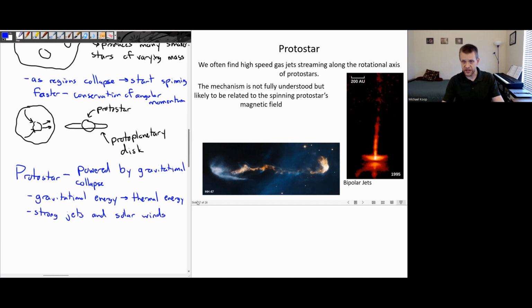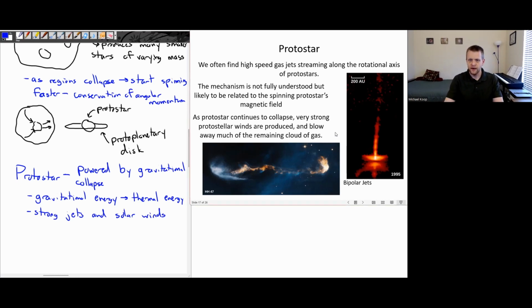So again, these protostars can be fairly violent. And as the protostar continues to collapse, these stellar winds are actually going to get stronger and stronger and eventually blow away that remaining cloud of gas.